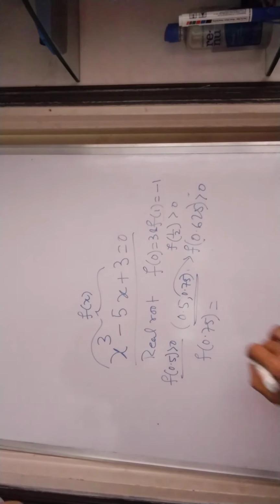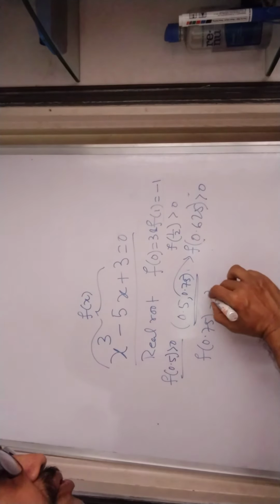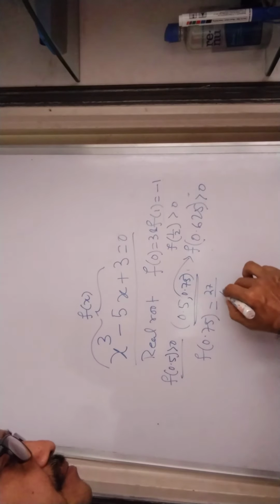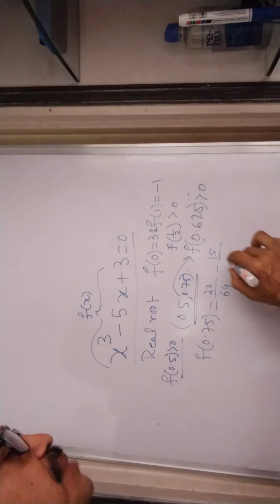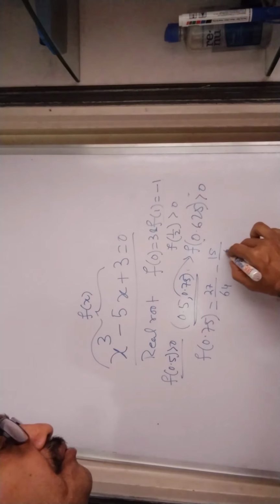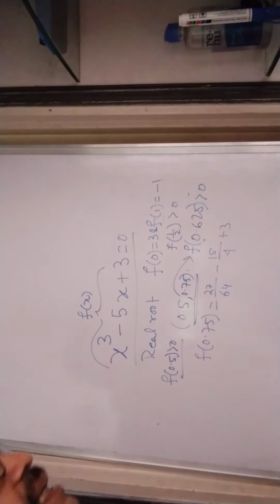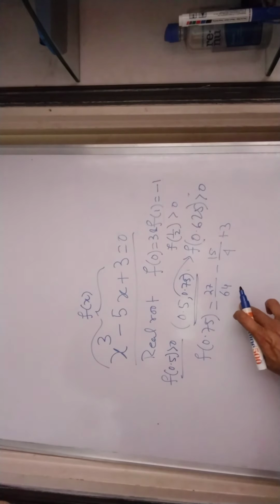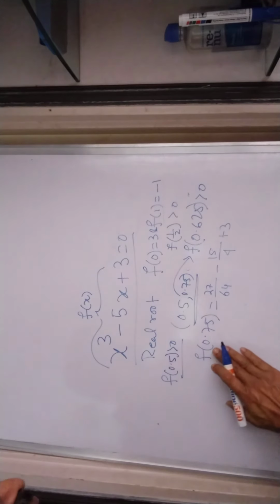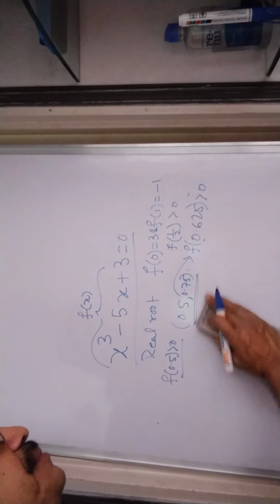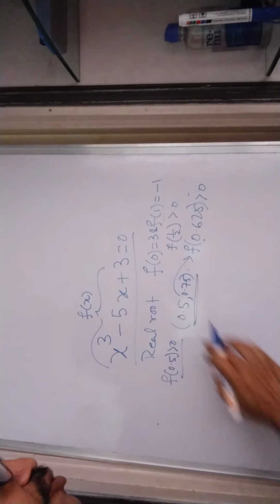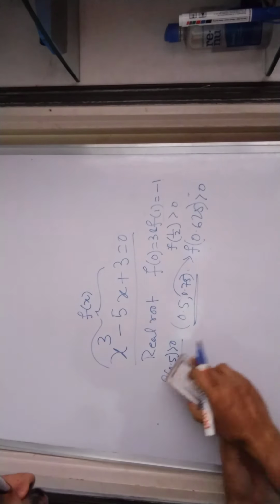What is f of 0.75? 3 by 4, so it is 27 by 64 minus 15 by 4 plus 3, and if we calculate it, it turns out to be negative, and f of 0.625 is positive. So the root lies in between 0.625 and 0.75.